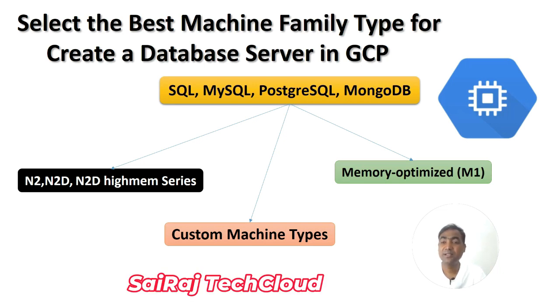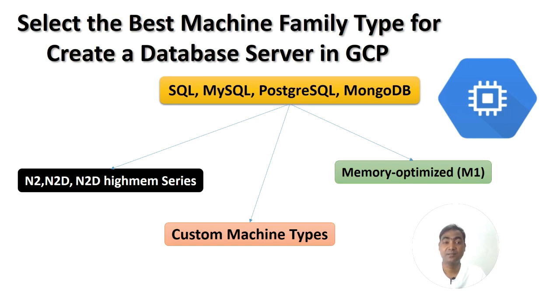Whenever you select a machine type for SQL, MySQL and PostgreSQL database servers in Google Cloud Platform, you can select the general purpose machine family, which has different series like N1, N2, N2D. The general purpose machine family offers a good balance of performance, cost and versatility, making it a good choice for most SQL database servers in Google Cloud Platform.